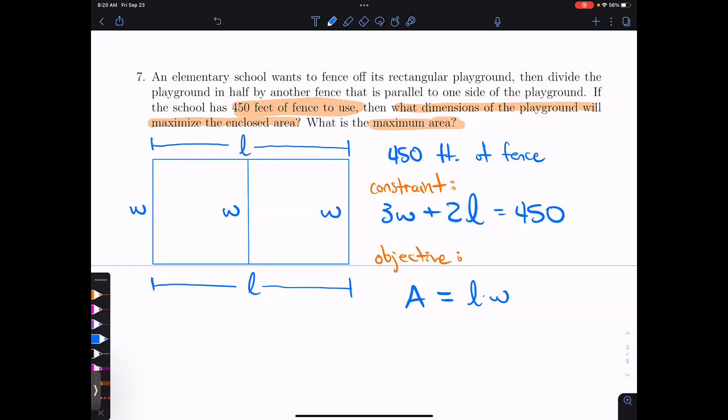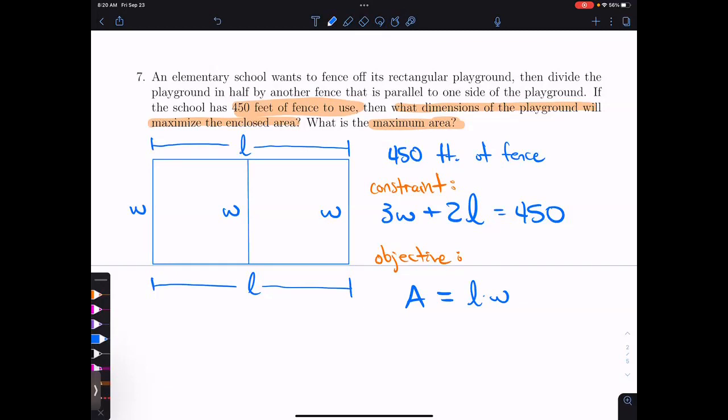Once you're at that point, the way you actually work through it is going to be exactly like what we talked through yesterday and just a minute ago with the other one. Take this, figure out how to write L in terms of W or W in terms of L, and then substitute it in here. Again, you're going to get a parabola opening down, and you go find the vertex.